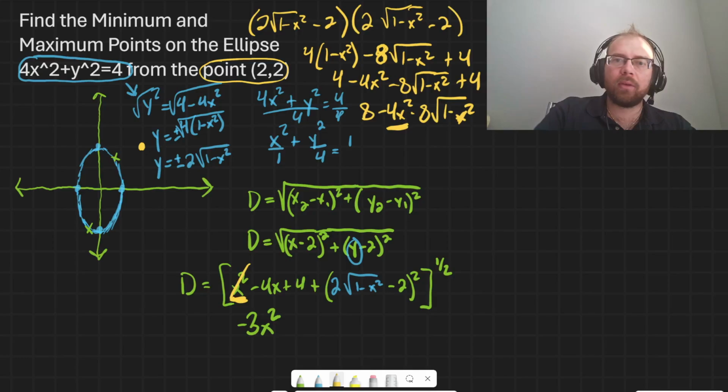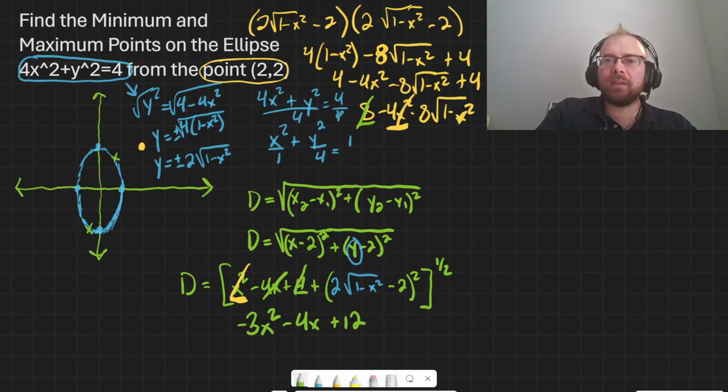All right, so we got those. Then I have an x term that won't really combine with anything else, so that'll just be minus 4x. The 4 can combine with 8. 4 and 8 combine to 12. All right, so I got rid of those. And then the only thing left is this square root thing, and it is a minus square root.